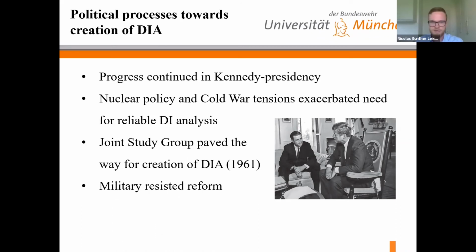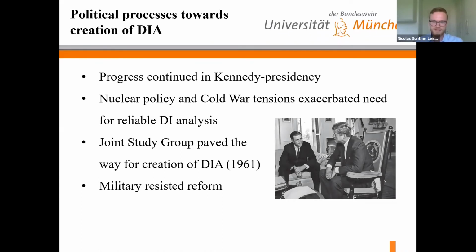So President Kennedy and his Secretary of Defense, Robert McNamara, who you can see here, favored the emerging nuclear strategic concept of flexible response towards Soviet aggression, in contrast to the doctrine of massive retaliation, which was the go-to doctrine before that.